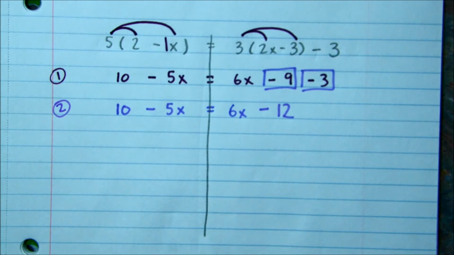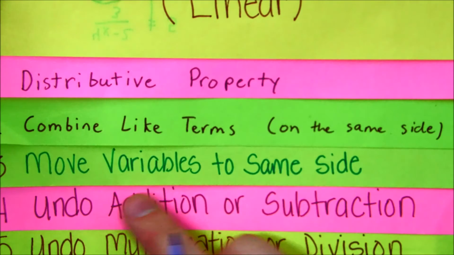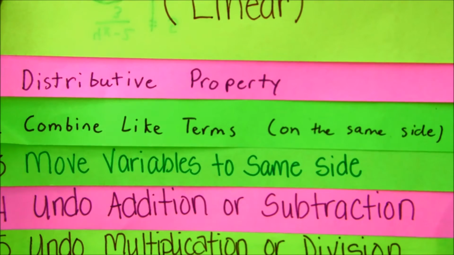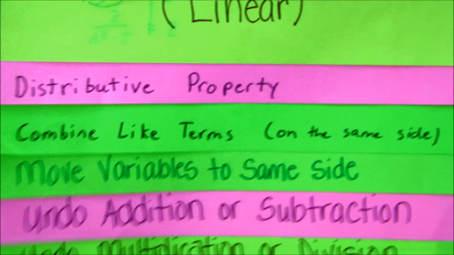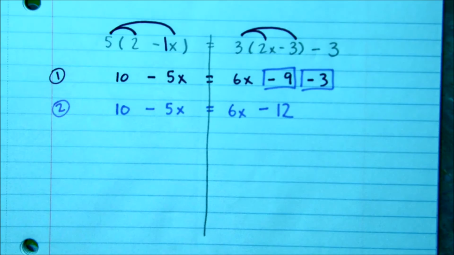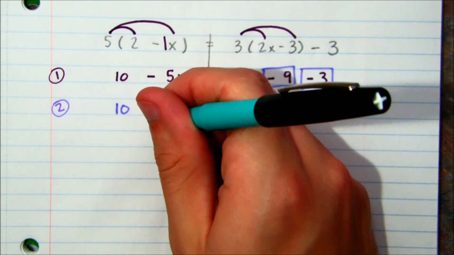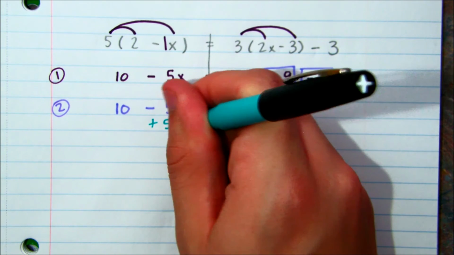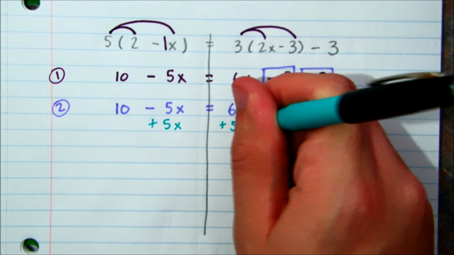Next, I'm going to move variables to the same side. Now this is a matter of preference, at least picking which variable to move. I personally prefer to avoid negative coefficients if at all possible. So to do that, I'm going to add 5x to both sides. Now if you wanted, you could subtract 6x from both sides.